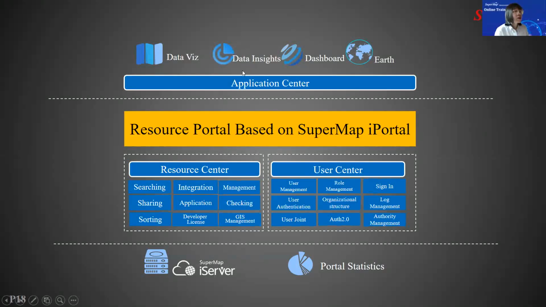Most important, we have the applications center, and now we have the database, data insight, dashboard, SuperMap iEarth, and more applications will be added. And this iPortal also works based on SuperMap iServer.